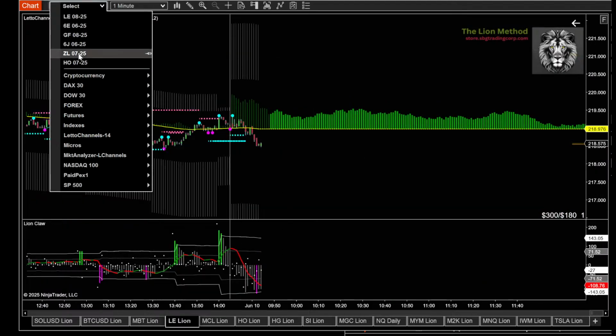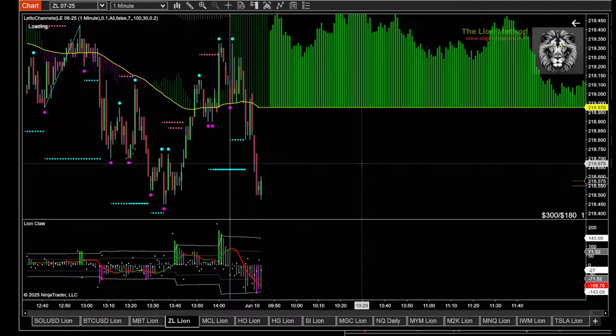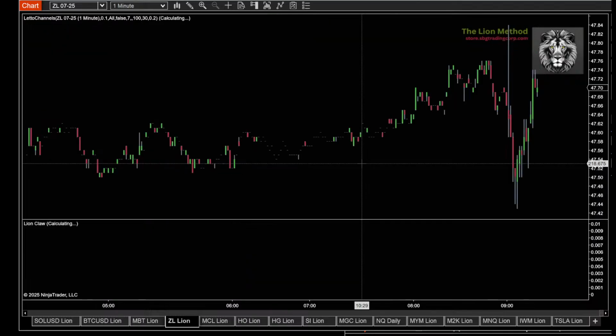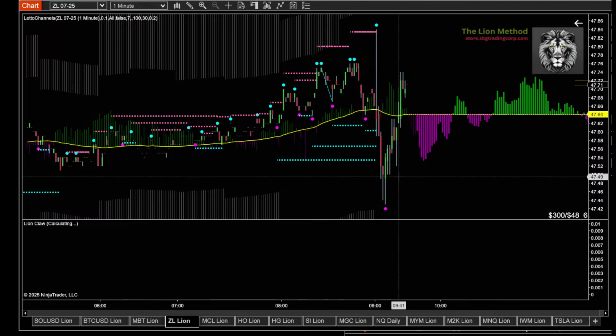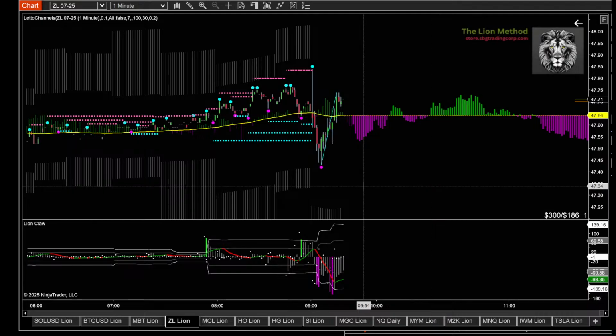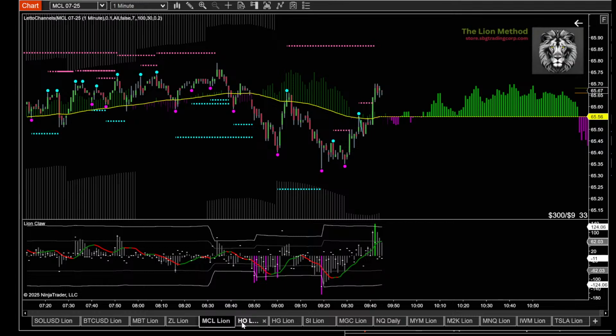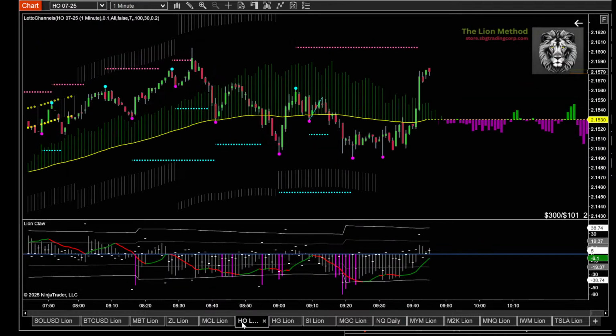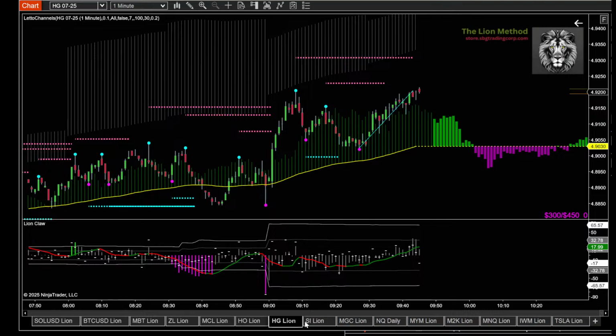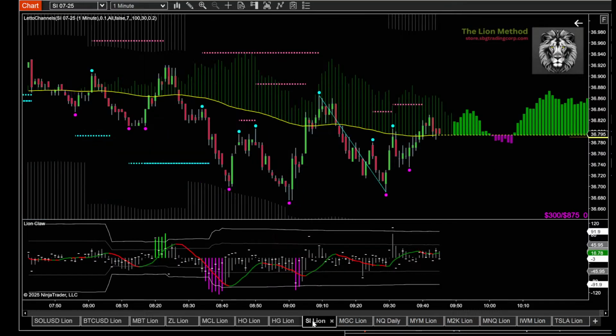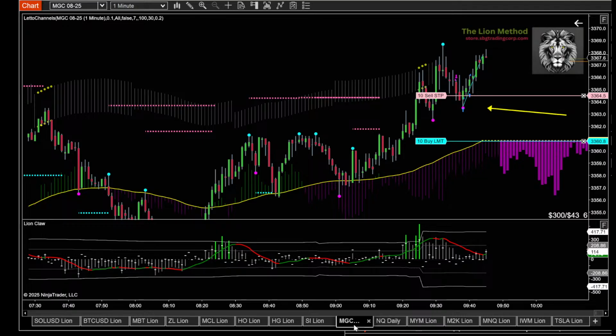I want to take a look at bean oil now that we're trading it again. All right, not overbought, not oversold. That delta is strong negative. Crude oil, heating oil, copper, silver, gold.